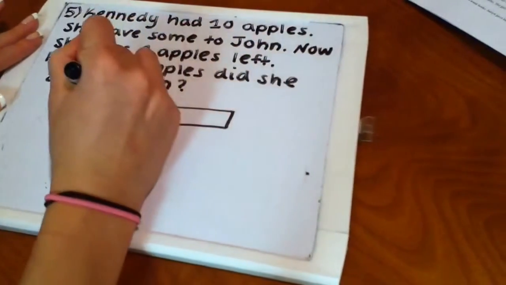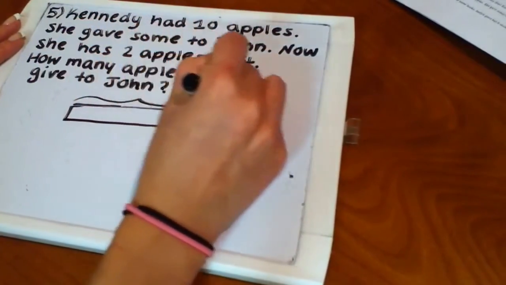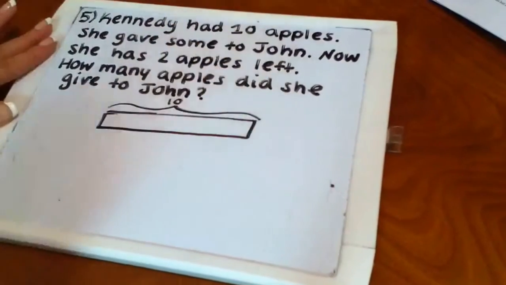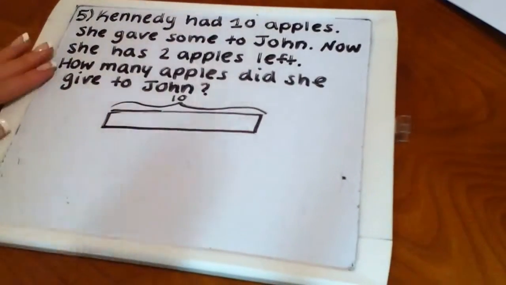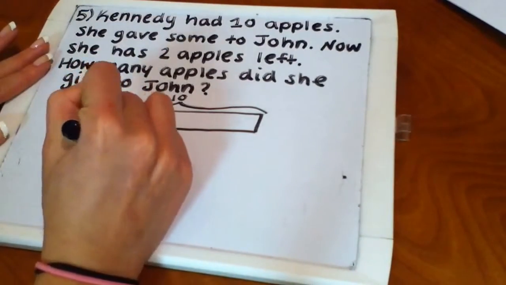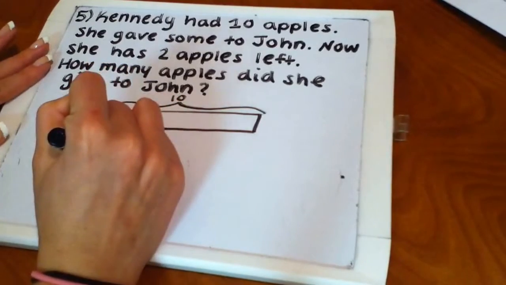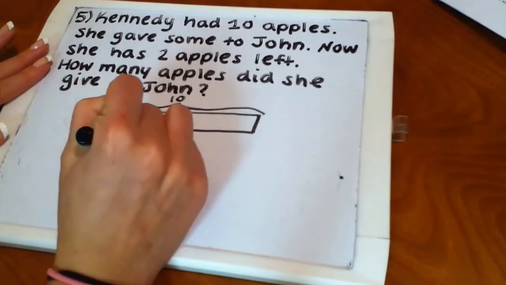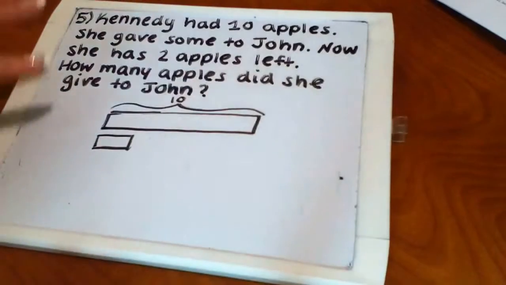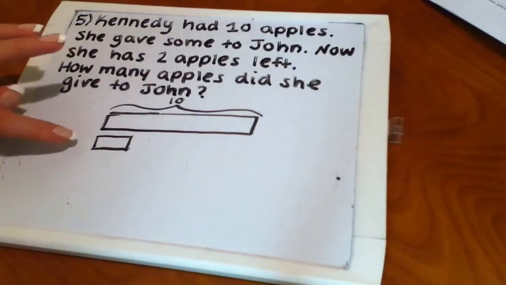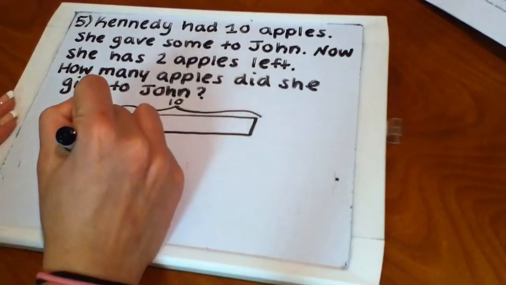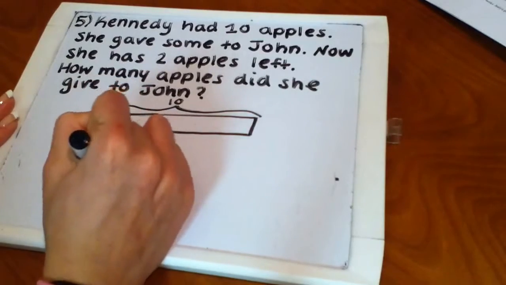So this is 10. And then we know how many she had left after, so we know another part of the problem, which is 2.